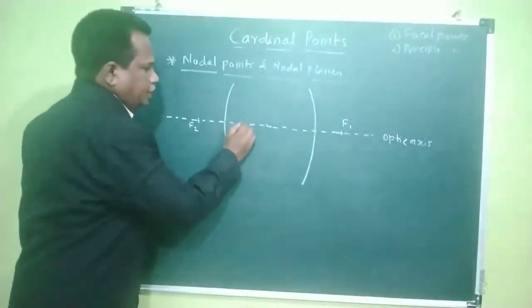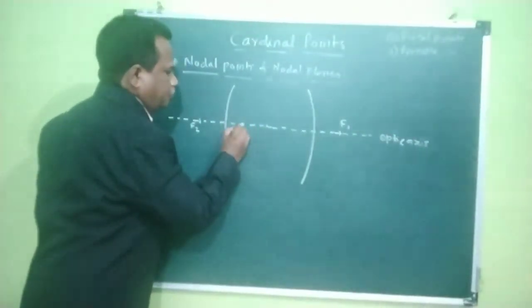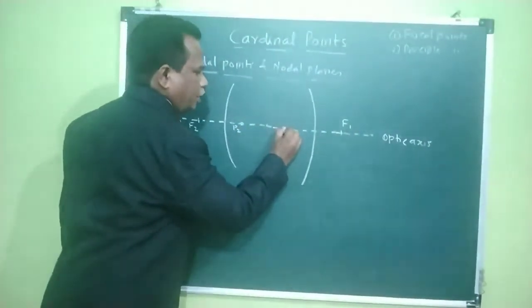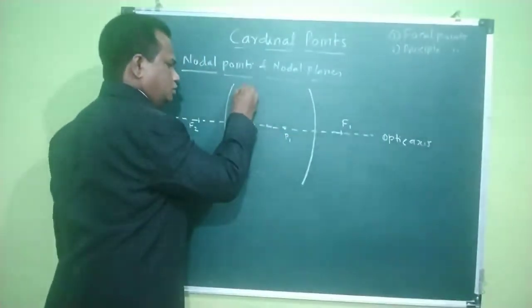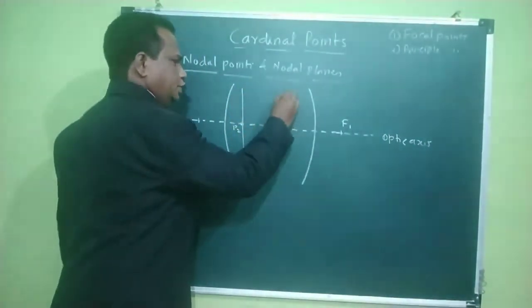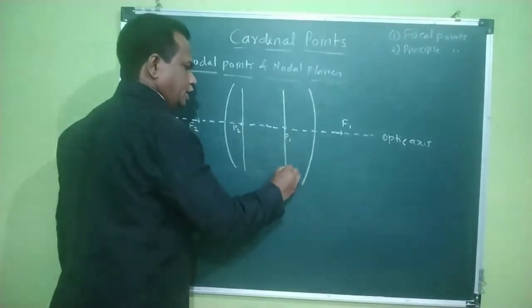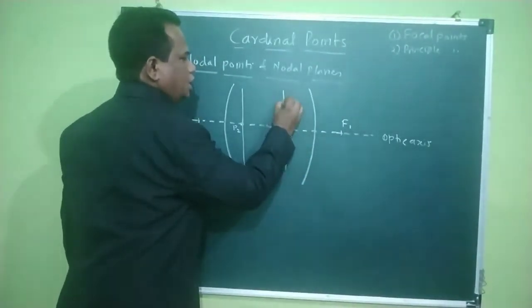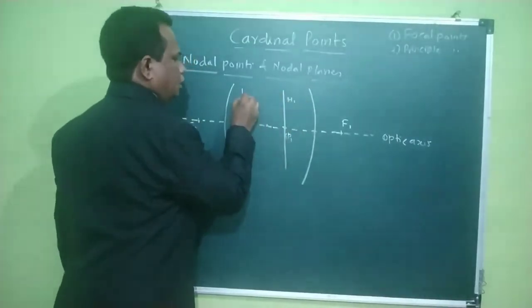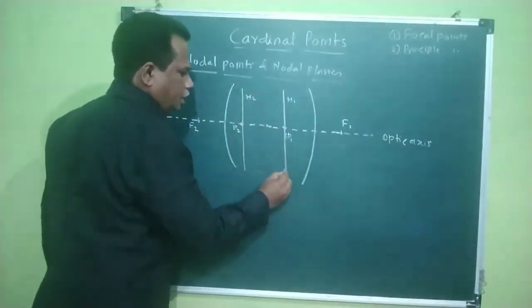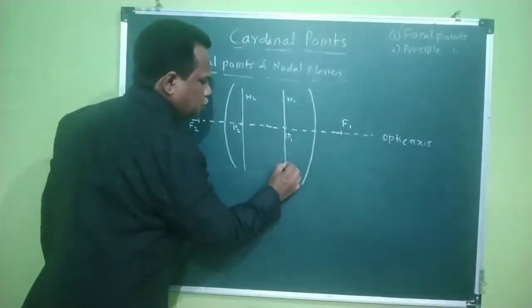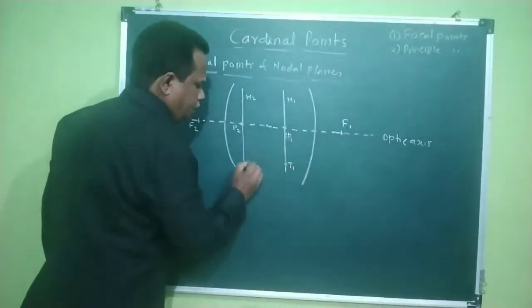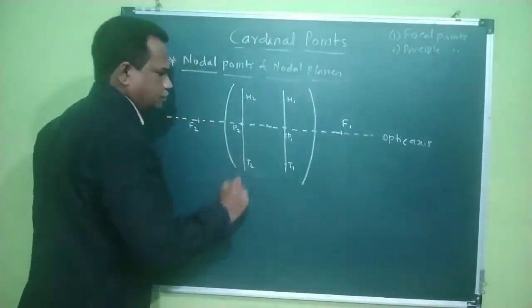Two principal points: this is principal point P2, this is principal point P1, and two principal planes P2H2 and P1H1. I will call this H1, this H2, and here T2, T1, and T2.